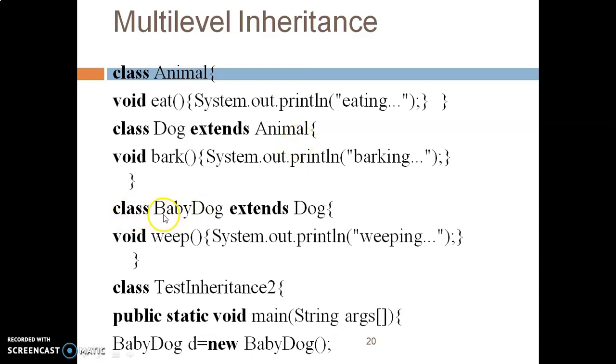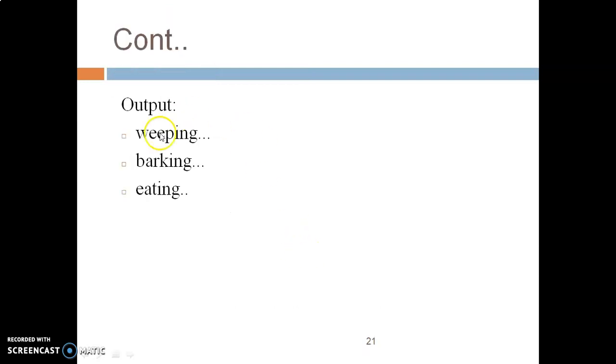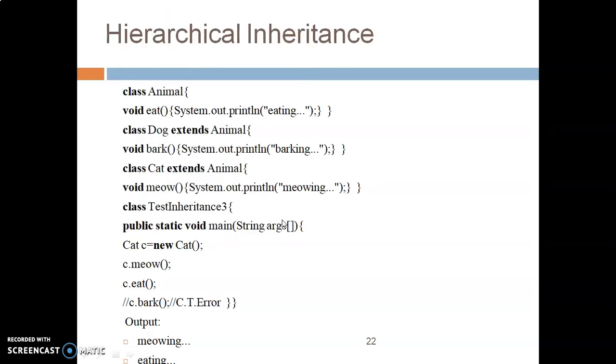Similarly, we created another class which extends the first derived class. So this is multi-level. For the dog class, the first superclass is animal, and when we created another child class, the dog class becomes a superclass, and that's why it is multi-level. This is the example for that.